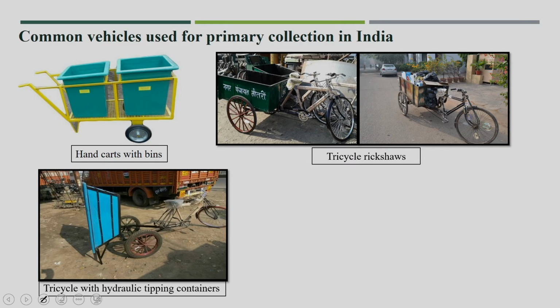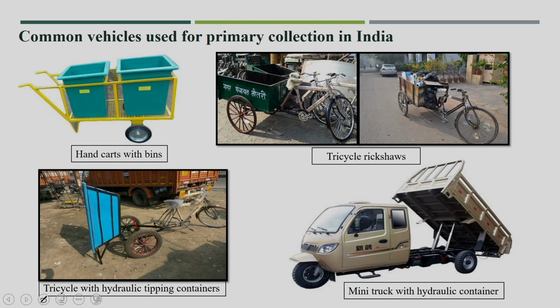Now this is a tricycle with a hydraulic tipping container. In that case, unloading of waste from the tricycle rickshaw onto the dustbin area is very easy, but with the other vehicle the unloading of waste itself is somewhat difficult because that vehicle does not have a tipping facility. So the time requirement for unloading of waste is large.